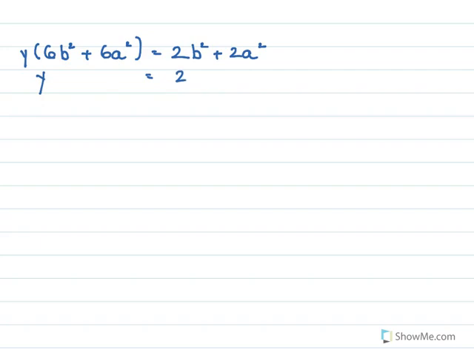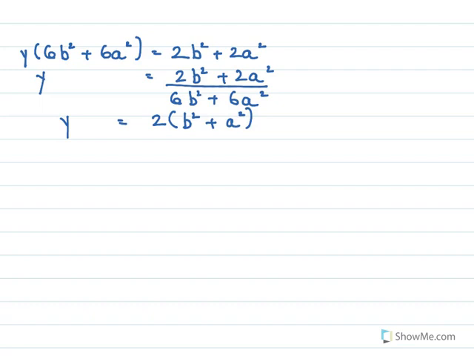So to find my y, I take 6b square, 6a square on the other side. So they will come down here, 6b square plus 6a square. So the y will be equal to 2 common out on the numerator, b square plus a square, and in the denominator 6 common out, so I get b square plus a square. So b square a square, b square a square will cancel out, so I have y equal to 2 by 6 equal to 1 by 3.